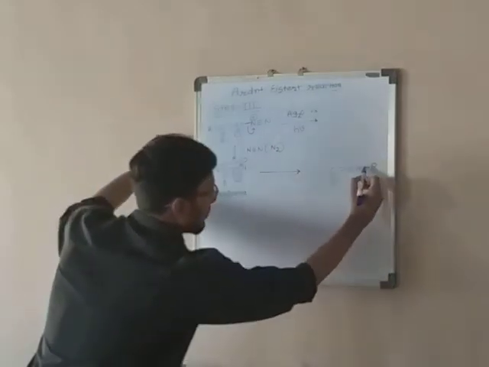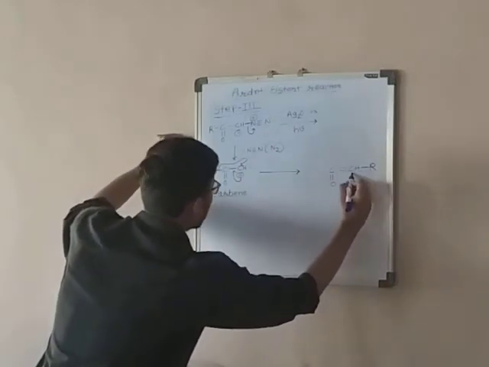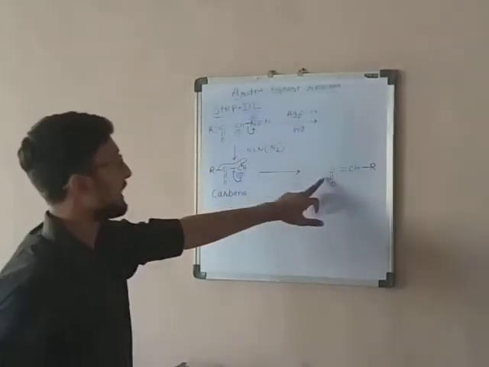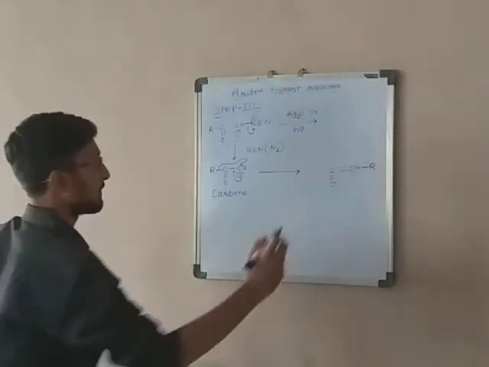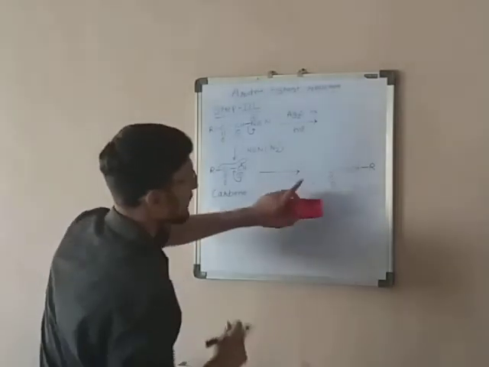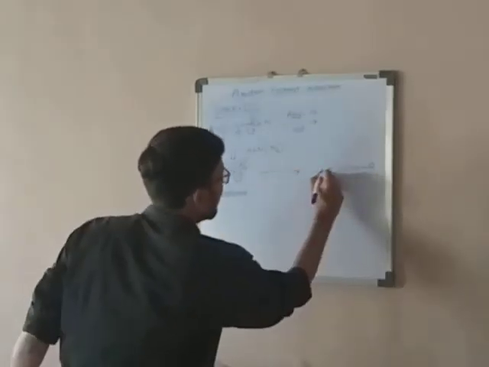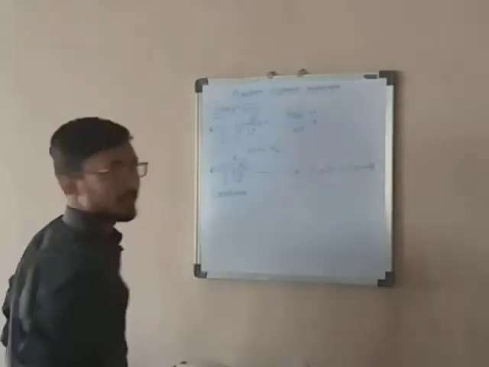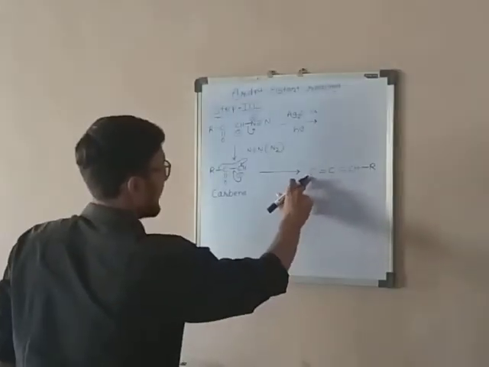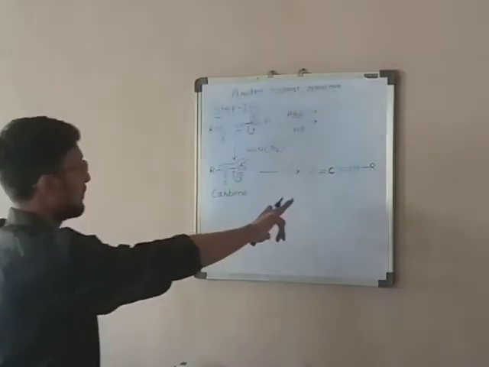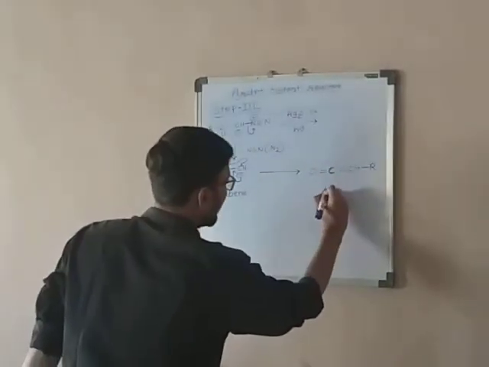So the R group is now attached to this carbon instead of this carbon. So what we obtained is this molecule. We can also write this molecule this way, with the oxygen in the same line. This is an intermediate molecule. We can call it a ketene.